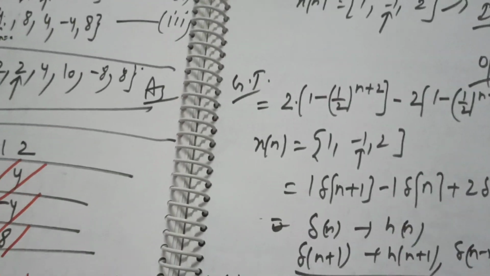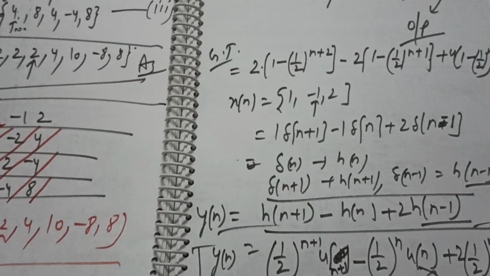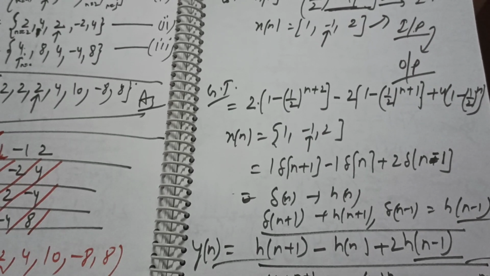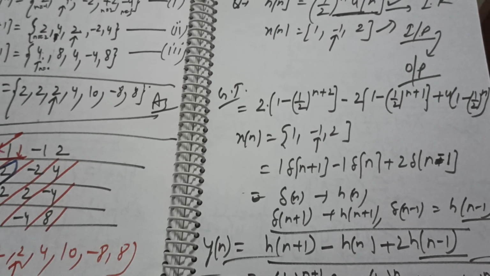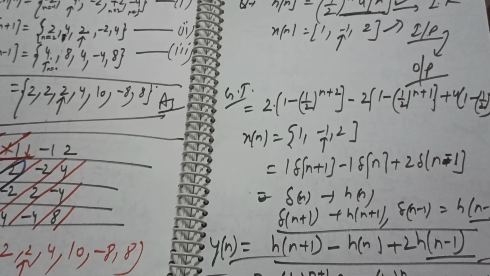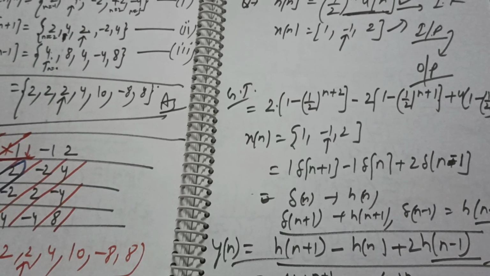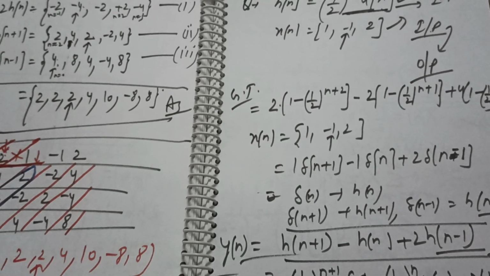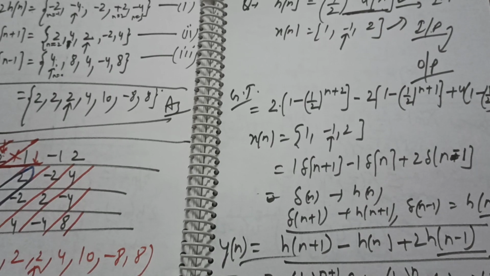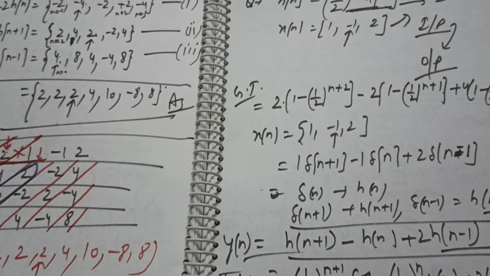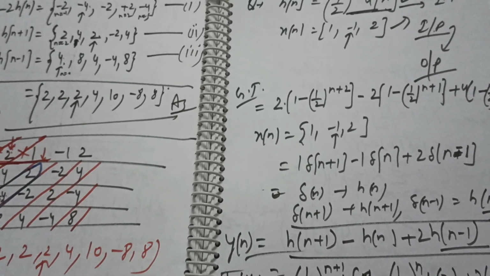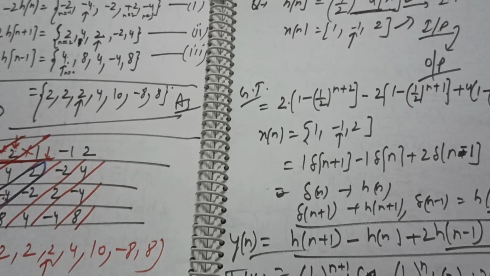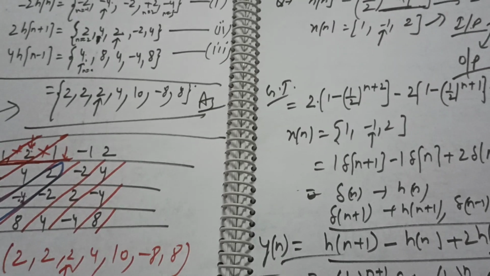Now coming back to this term, x[n], h[n] is (1/2)^n u[n], the impulse response. Now x[n] is 1, minus 1, 2, that is the input. What is left is that corresponding to (1/2)^n u[n], the impulse response, the output is (1/2)^n u[n].